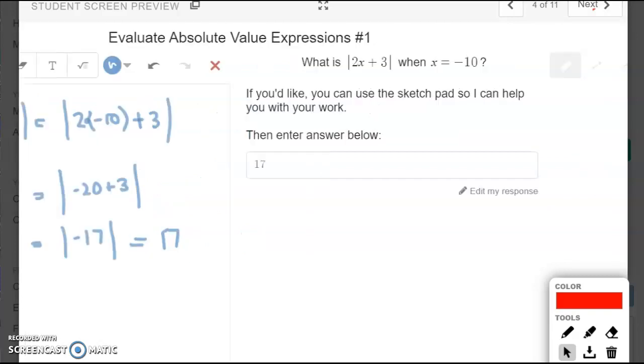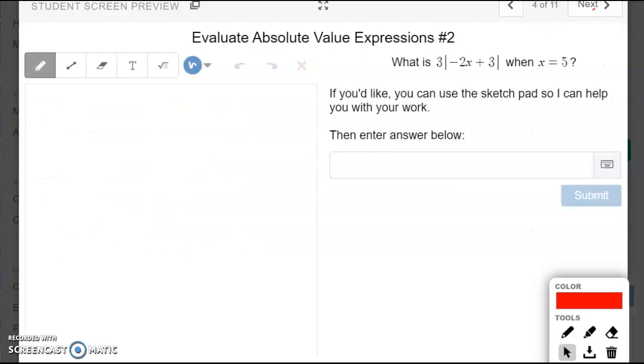Okay. Then let's try the next. What is 3 multiplied by the absolute value of negative 2x plus 3 when x is equal to 5? I'm actually going to do my work here.